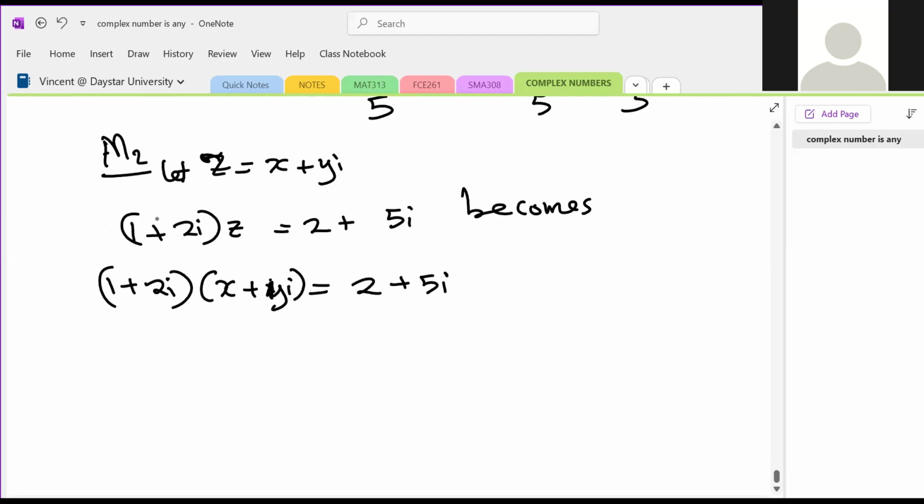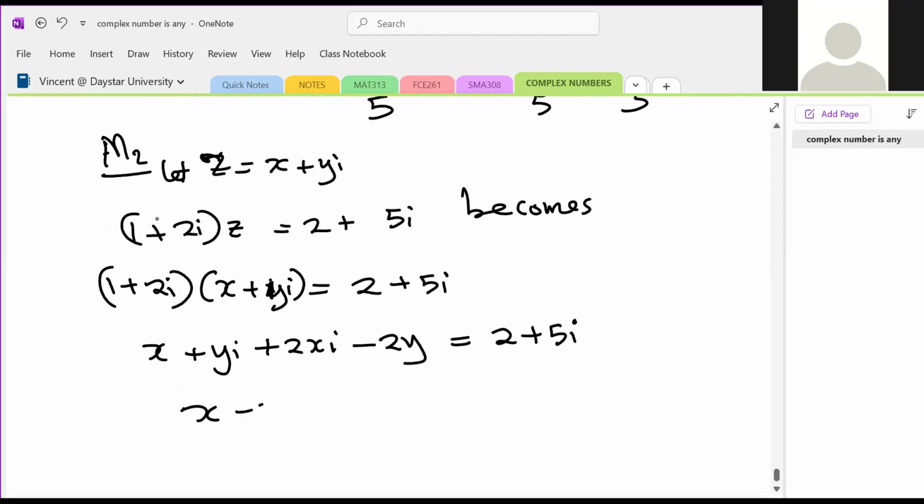So that now I will have 1 times x is x, 1 times yi is yi, 2i times x is 2xi, i times i is i squared, which is minus 1, so I'll have minus 2y equals 2 plus 5i.